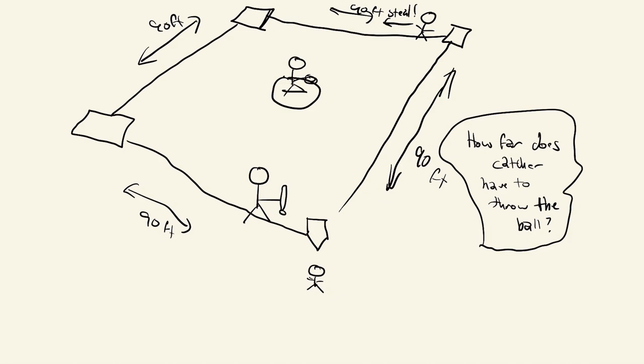What you can do is note these are all at right angles from each other. So you can draw this purple triangle here. This is a right angle. So this distance, C, that is the distance that the catcher has to throw it. And we know that the distance between each base is 90 feet. So we really just have this problem.